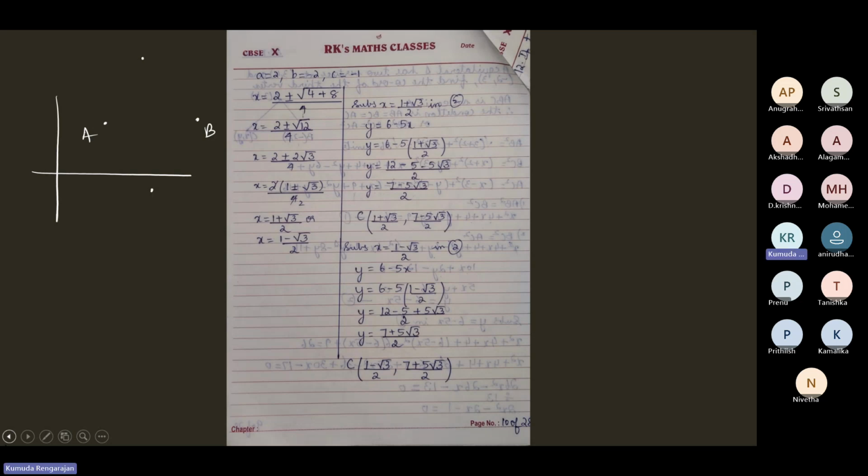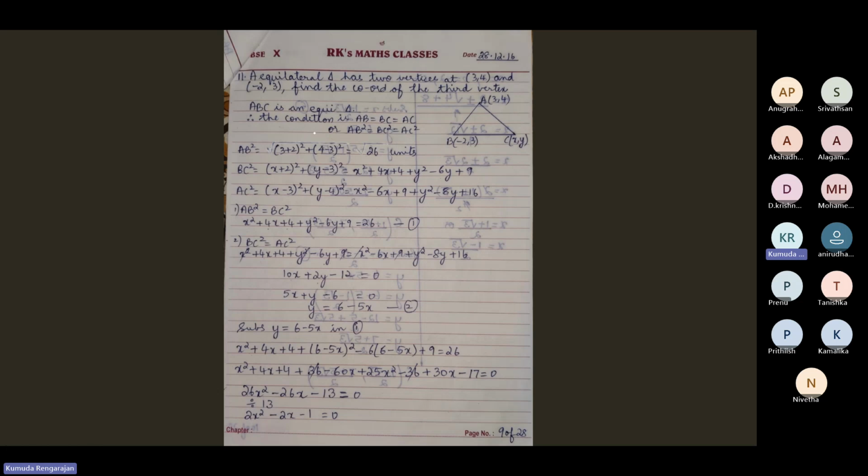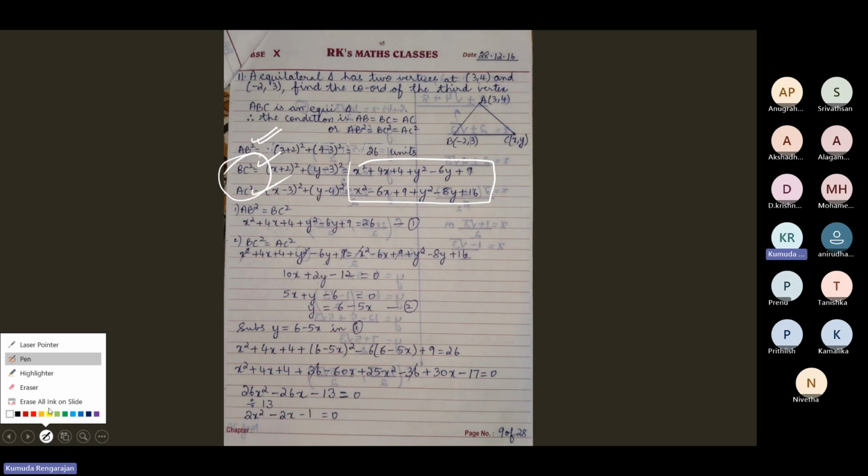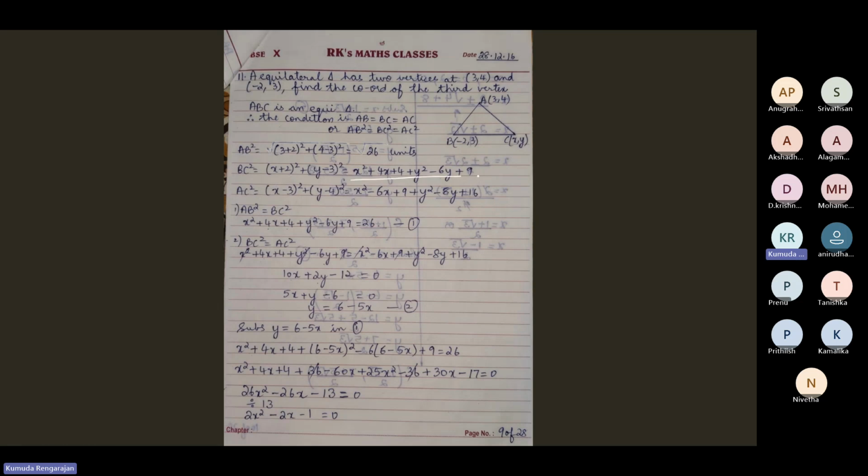This is compulsory. Then you can equate AB square with BC square or AB square with AC square. But BC square is equal to AC square is compulsory because both the expressions have x square and y square.